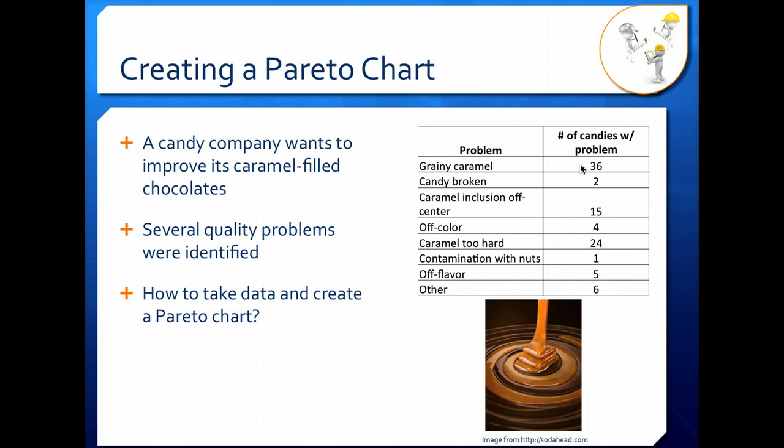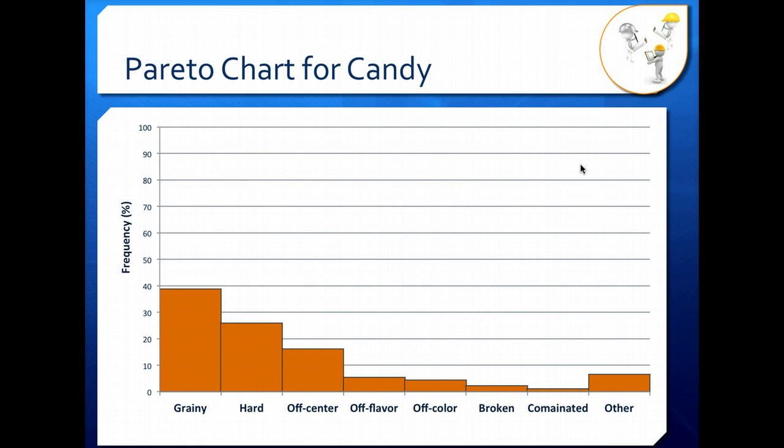And finally, when we have all our information together, we're going to construct our Pareto diagram and then identify the vital few. The vital few is what we're going to target because that's what's giving us the biggest portion of our quality problem. So let's take a look at what our Pareto chart looks like. Let's say we have enough data, and we're going to categorize our problems by the categories that were collected in our consumer data.